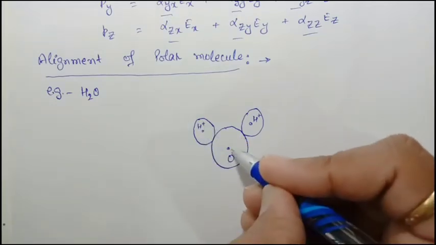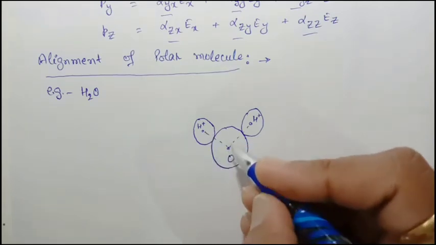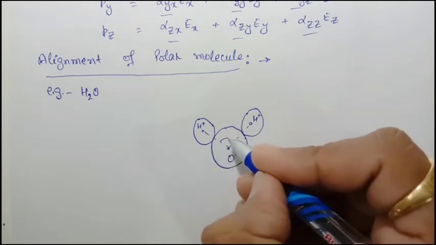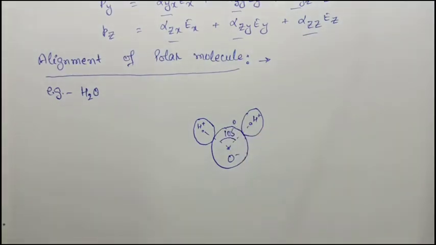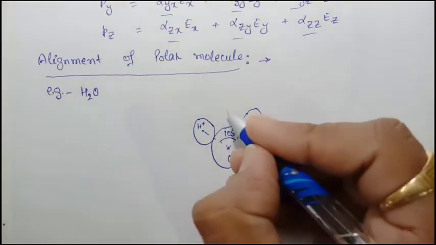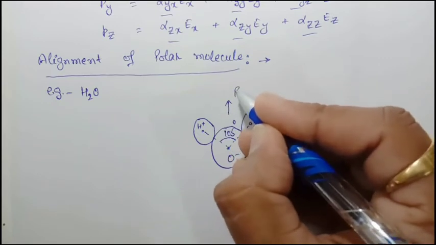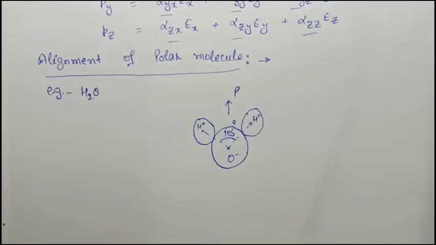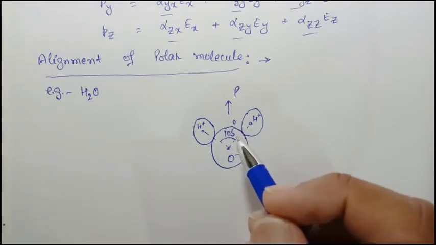These are the dipoles, and we know this angle is 105 degrees. This is the direction of P, that is polarization. So these molecules already have dipole moments.